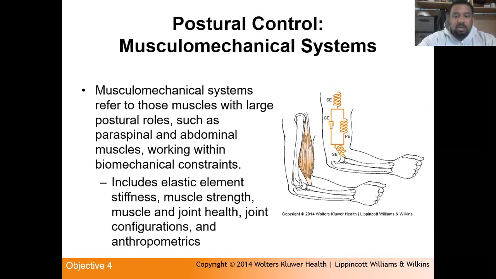Neuromuscular systems. Neuromuscular systems refer to those muscles with large postural roles, such as abdominal muscles, and biomechanical constraints. A lot is involved in whether your muscles can even do certain tasks. Your body knows how strong you are, and what you can and can't avoid.